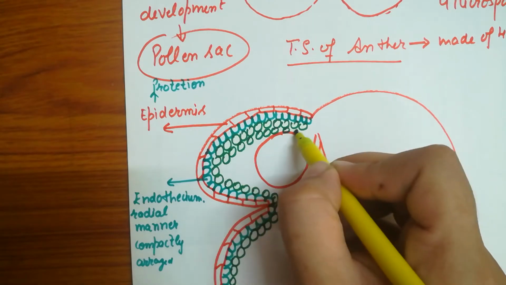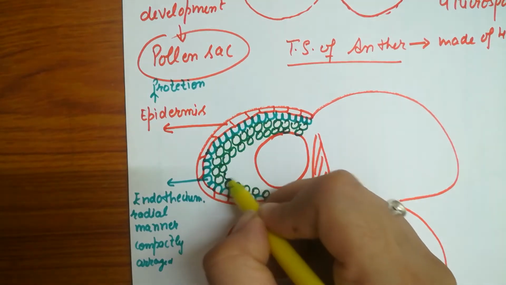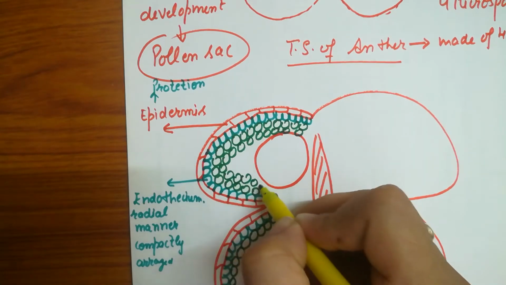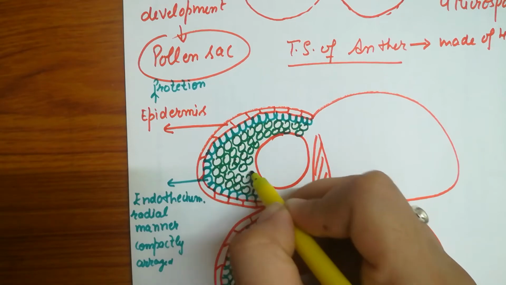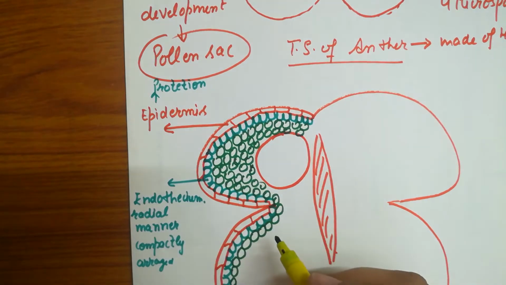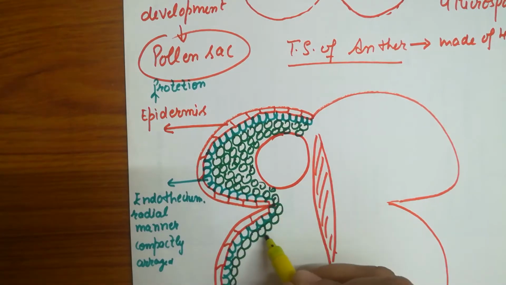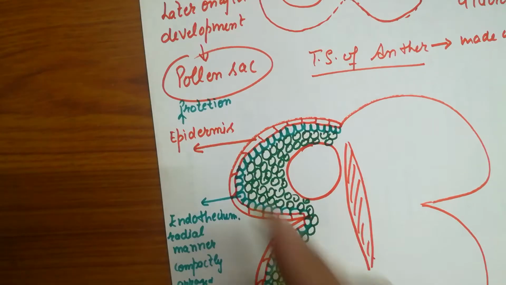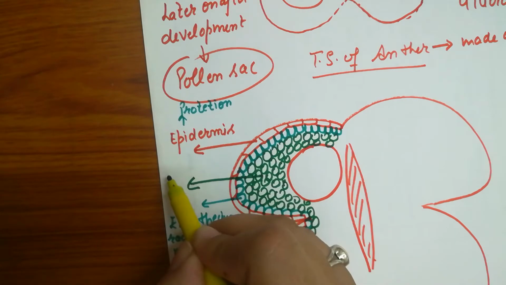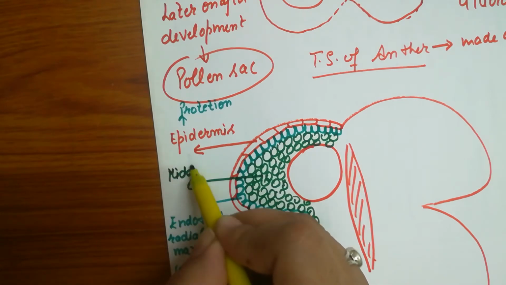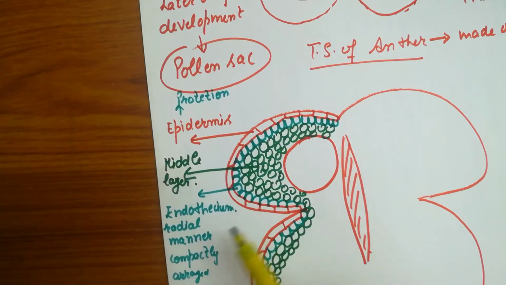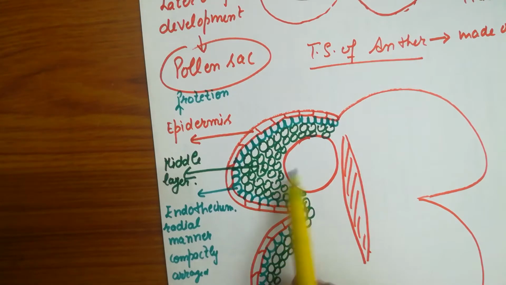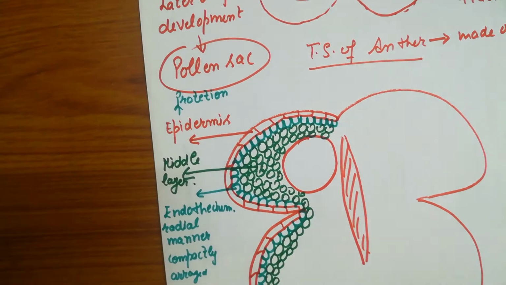This layer which has rounded cells is our middle layer. Clear? Like this, we have to draw our middle layer. So the first layer was the epidermis, then there is the endothecium, and the third layer is the middle layer.